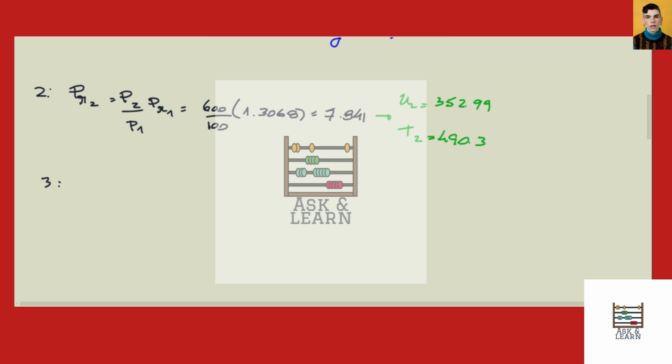Okay, now moving to point 3. What do we have in point 3? We have the temperature again, 1500 Kelvin. And with this temperature, we can find that U3 is going to be 1205.41, which is what we want. And again, the relative pressure is going to be 601.9.